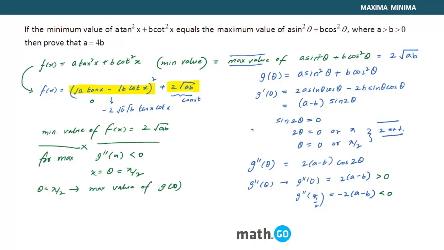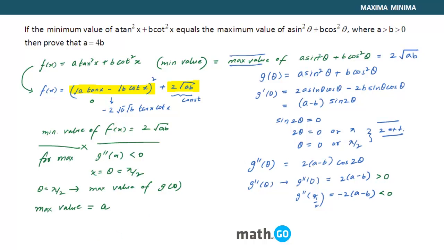Just compare it, what it will become. So maximum value will be what? When you put theta is equal to pi by 2 over here, it will be nothing but a, right? So you want to compare this now with 2ab.